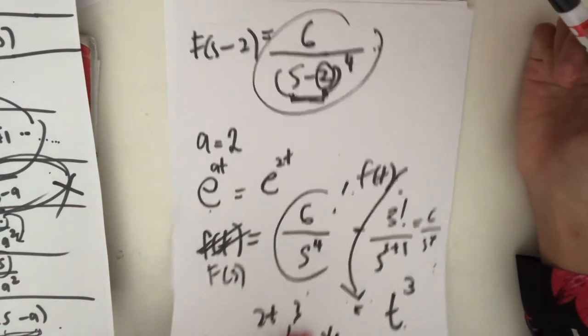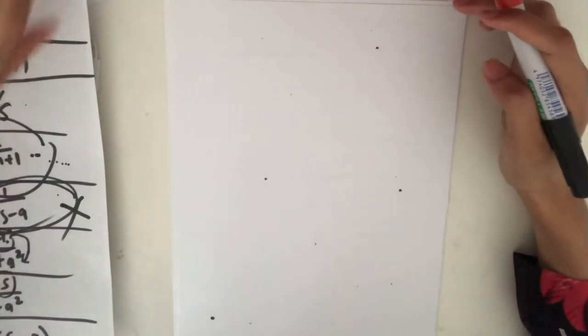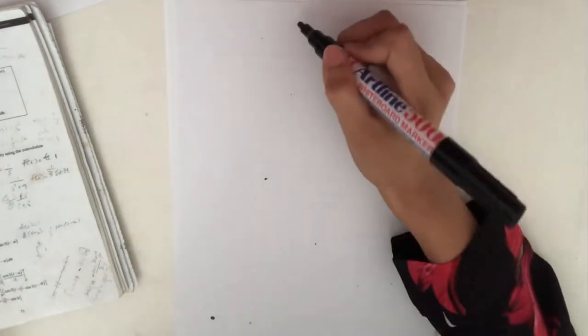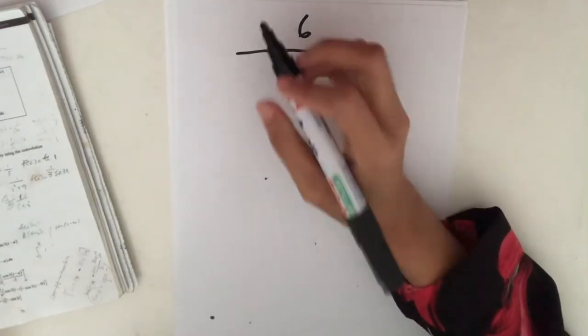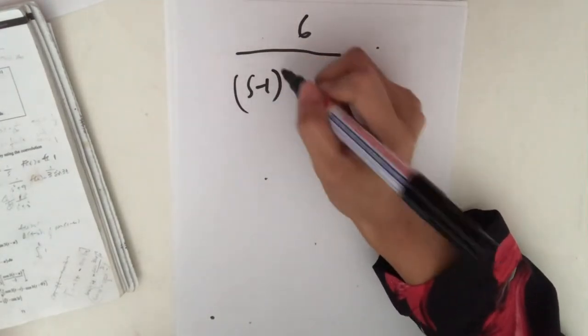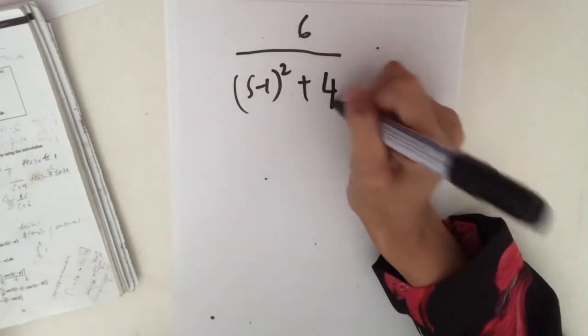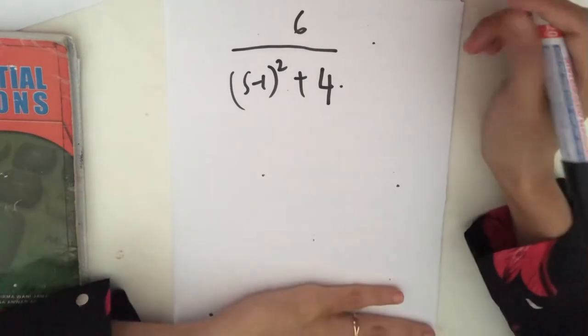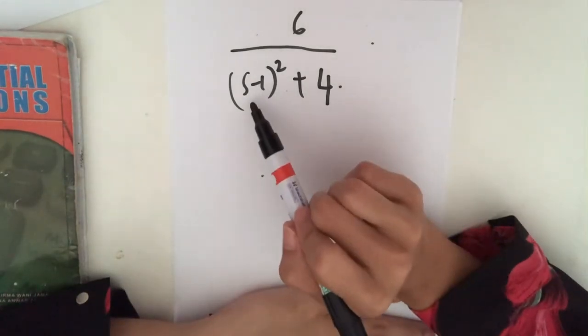Okay, class? Right, I will proceed straight away and do another example: 6 over (s minus 1) squared plus 4. How about this one? First you can see that there is s minus 1 here.